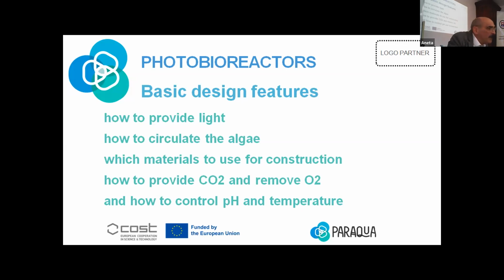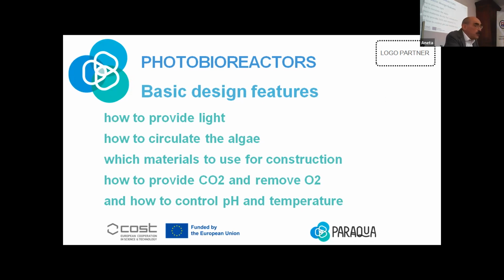So if we want to build a photobioreactor, if we want to design it, then first we have to decide how to provide light. What is our source of light? Then how to circulate the algae, how to mix the whole growing media we have in the enclosure. Then which material we're going to use to build the cylinder or cone or whatever shape this enclosure is.